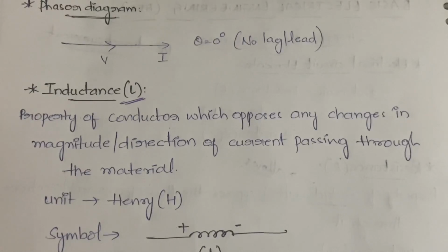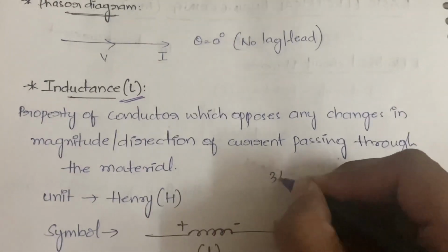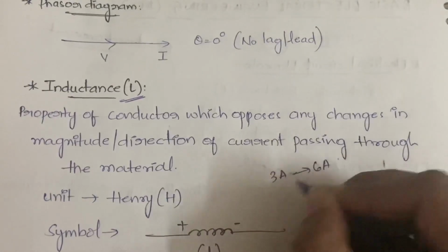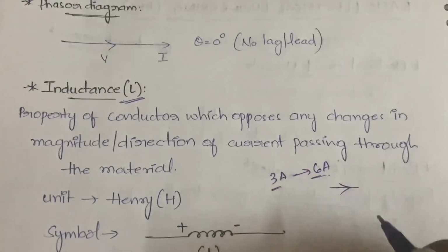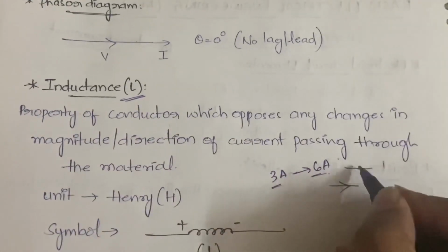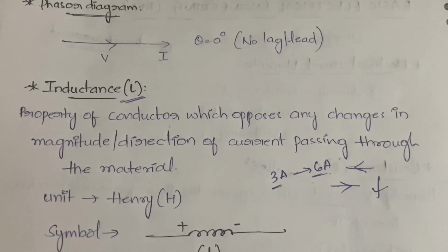Keeping that aside, basically magnitude or direction, in terms of magnitude or in terms of direction. In terms of magnitude, suppose the value of current is 3 amperes and it has changed to 6 amperes, the value has changed, right? This is change in magnitude. Change in direction is if the current is flowing in this direction, and suddenly it gets changed to this direction. So if the direction or the magnitude of current is changing, then that change should not happen.